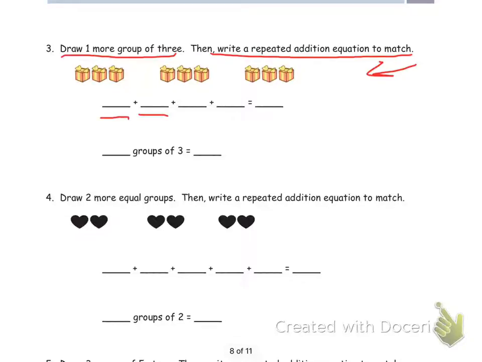And you've got 4 spots down here, so you simply write down how much is in each of these groups, and then put the total number of presents all together there. And then you have to fill in the number of groups as well as the total, okay?